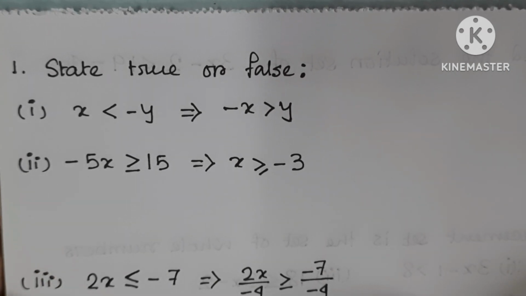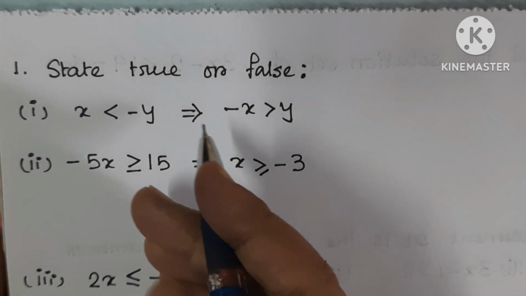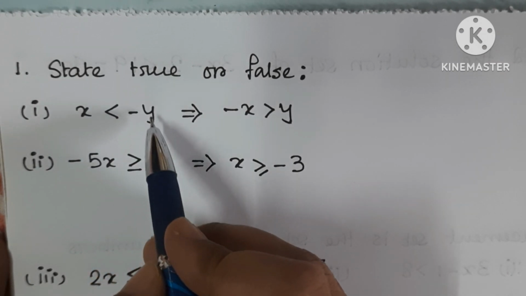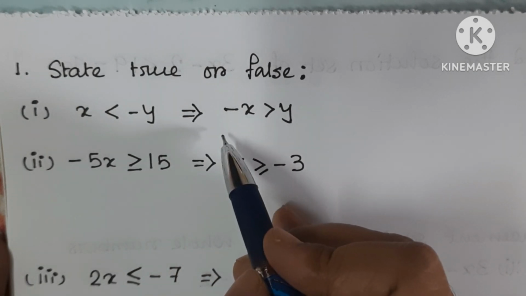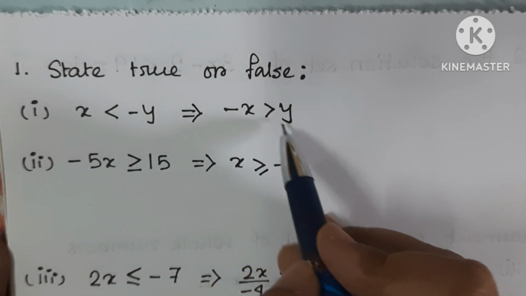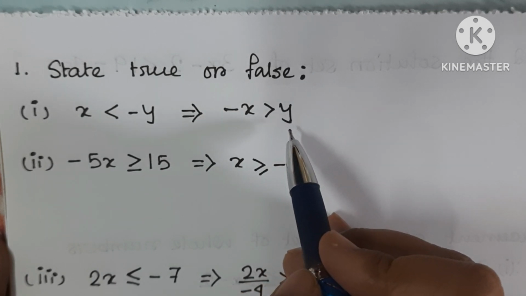See, this is a true false question. State true or false. In case of the first one, x is less than minus y. That is given. Now what will happen if minus x is greater than y? Is it true or false?